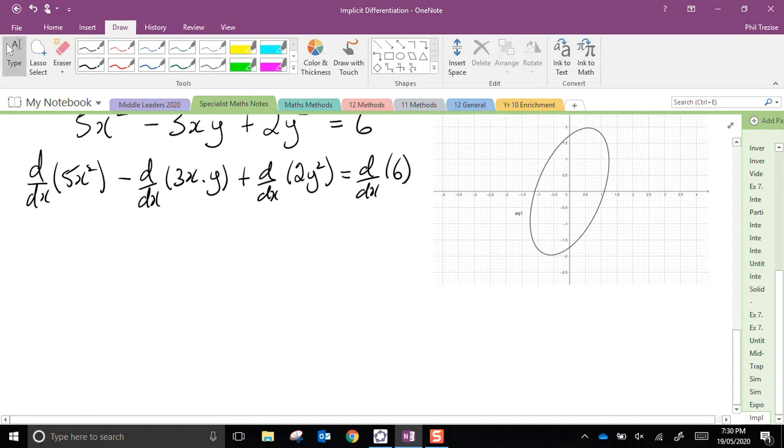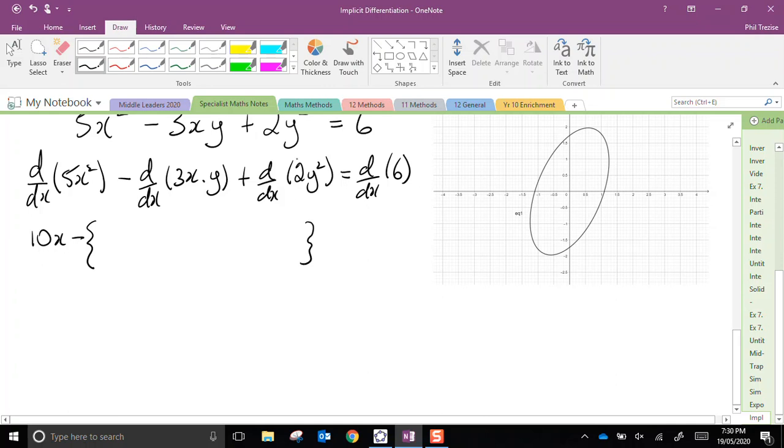So we've literally done the same process to every term. This first one doesn't present any challenge at all. 2 times 5 is 10, and reduce the power on x to 1. So that's 10x. I'll leave that next one for a minute. That's going to be a bit more interesting. Leave myself a nice big gap there to do that one.